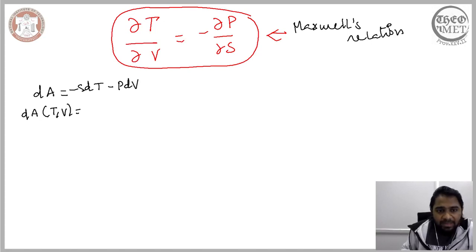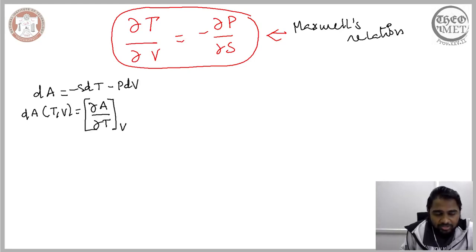So let us expand this expression based on its fundamental variables, or the governing variables. Correspondingly, it can be expressed as change in the Helmholtz free energy with respect to temperature when the volume is constant, plus change in the Helmholtz free energy with respect to volume when the temperature is constant.